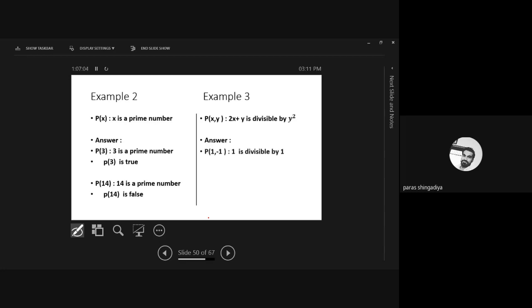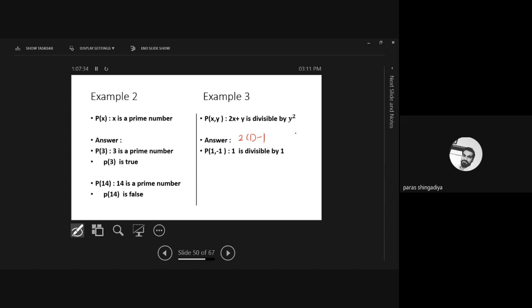So I consider one basic answer as 1, -1. x is 1, y is -1. So what is the answer of 2x plus y? That is 2 of 1 minus 1, which will be 1. Clear? So 1 divisible by y square, and what is y here?